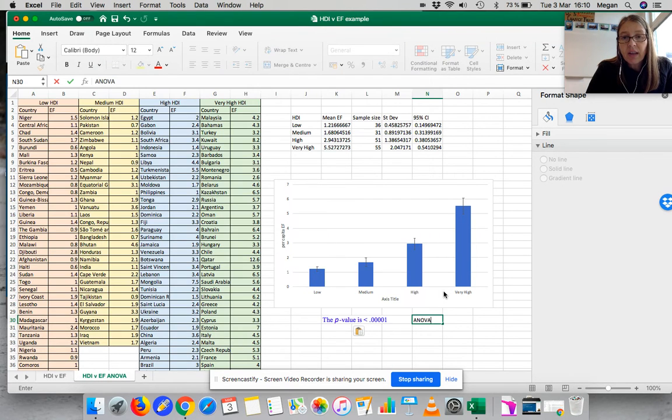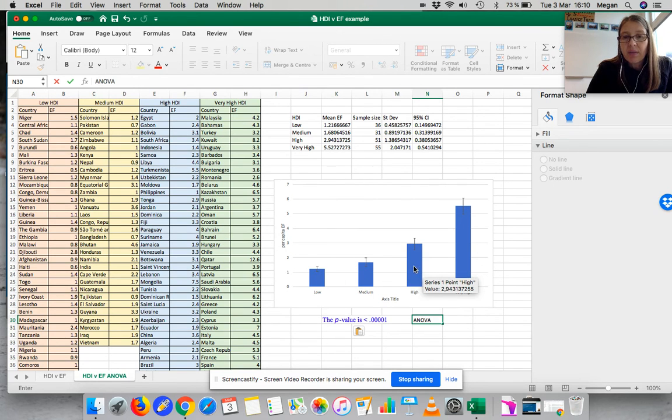So take a look here, and we can see between very high and high, there's no overlap. In fact, for very high, it doesn't overlap any of these. So definitely the means between very high and any of the other groups do not overlap. They're statistically significantly not the same. High, same thing. There's no overlap, no overlap.